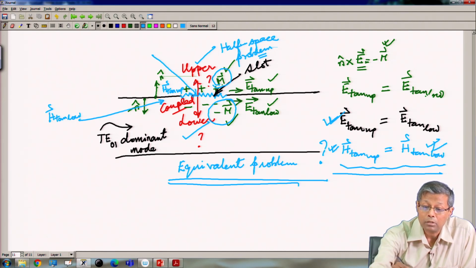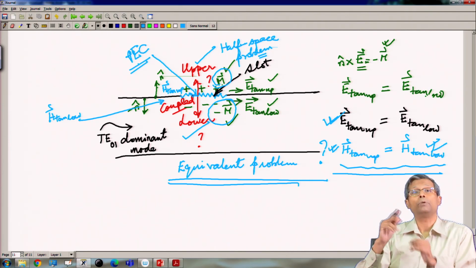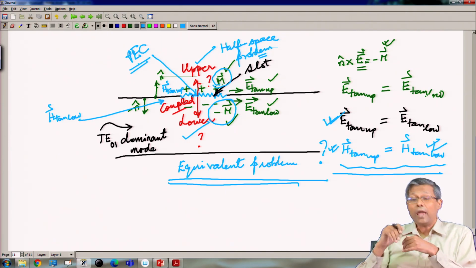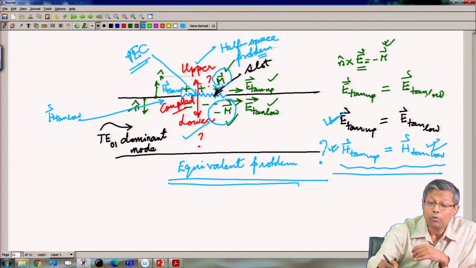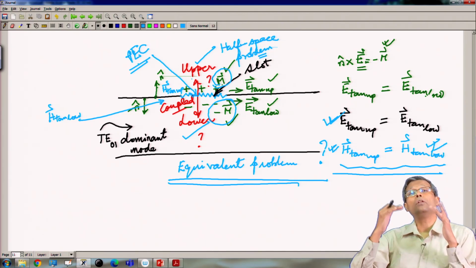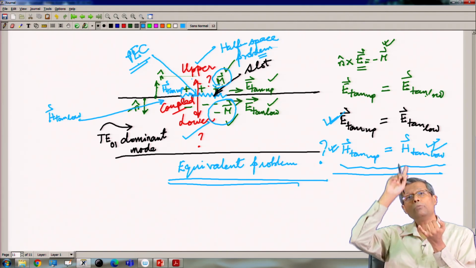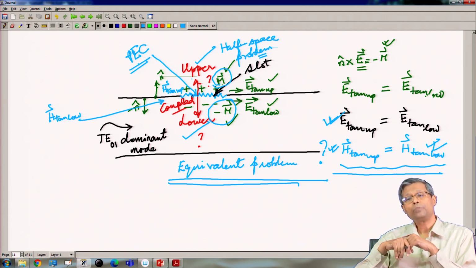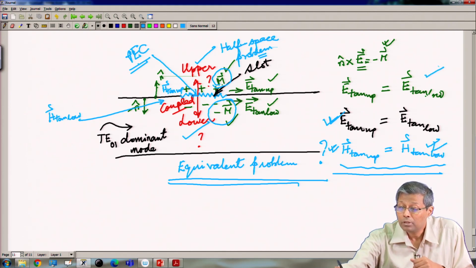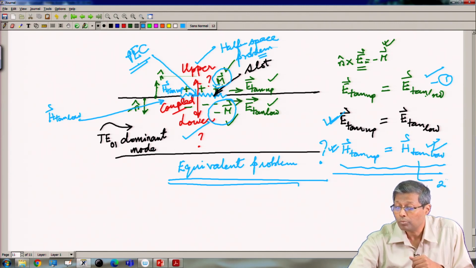This is the perfect electric conductor PEC, but introduction of the PEC and a consequent decoupling of the upper and lower problem has to be done by respecting the original boundary conditions, which is this one number 1 and these two and this one number 2.